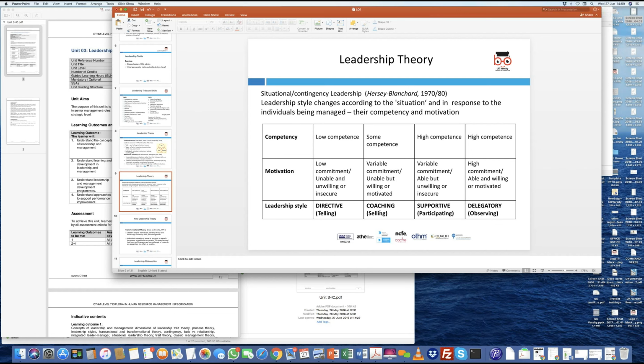So their classification talked about directive leadership, coaching, supportive, and delegatory. And you had to show certain types of competencies, and in those situations where you had the requirement of these competencies, you had to show certain motivational traits, and that was what classified them into the various leadership styles.